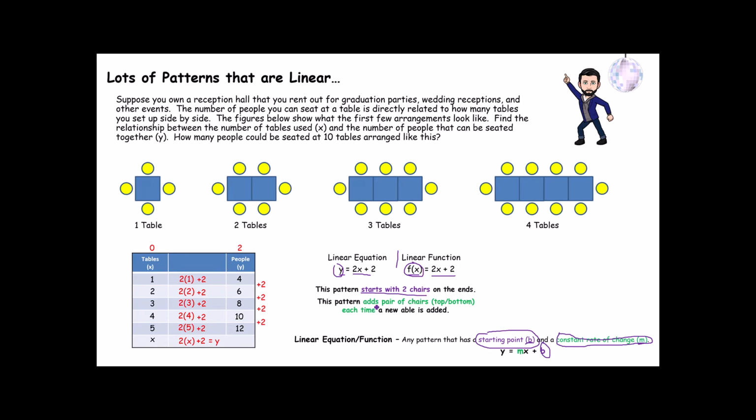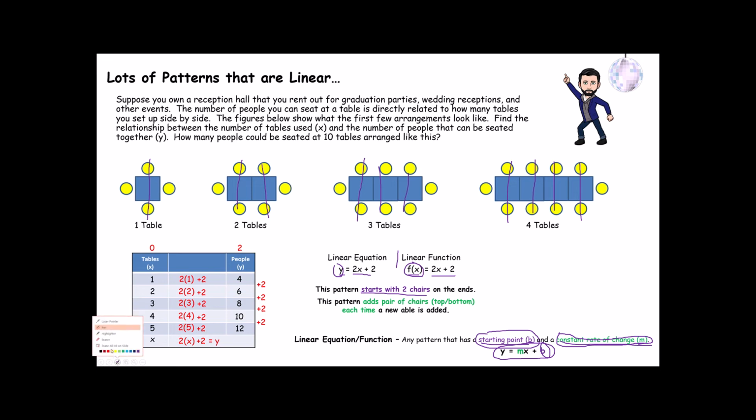And then we add an extra pair of chairs on the top and bottom every time a new table is added. So this is 1 set of 2. This is 2 sets of 2, 3 sets of 2, and 4 sets of 2. As we get better and better at this, we can look at pictures and read stories, and we can find this starting point and rate of change much more quickly.